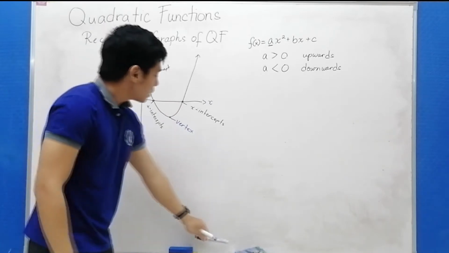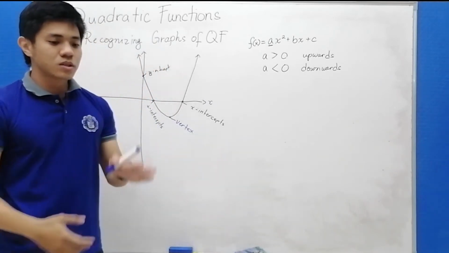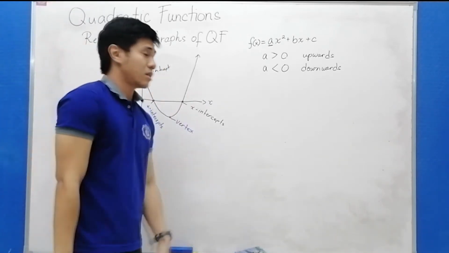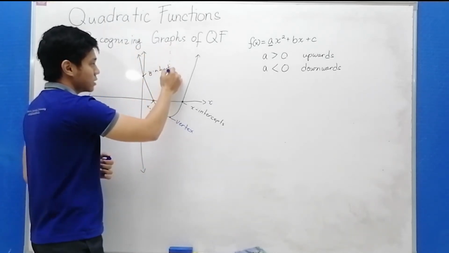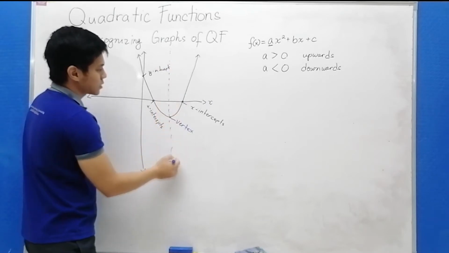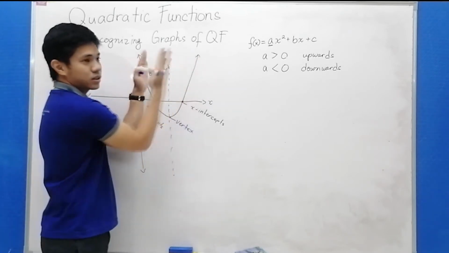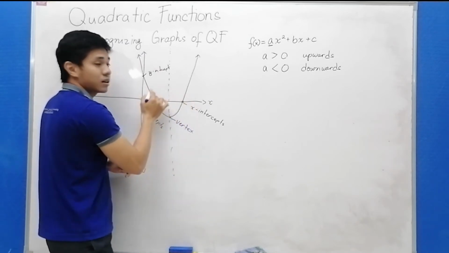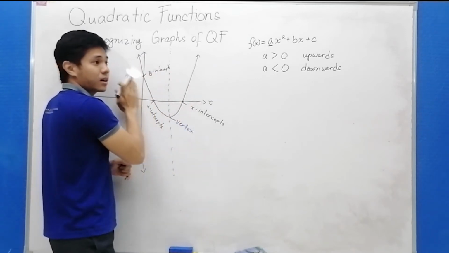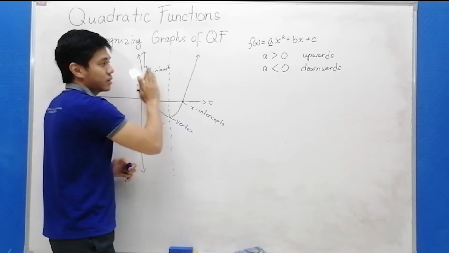Okay. Now, looking at this graph, we also need to take note of the axis of symmetry. The axis of symmetry is an imaginary line that we can draw in the middle of the graph. It means if you fold it in half, these 2 coordinates will always have a pair on the other side. The left side has a pair on the right side.